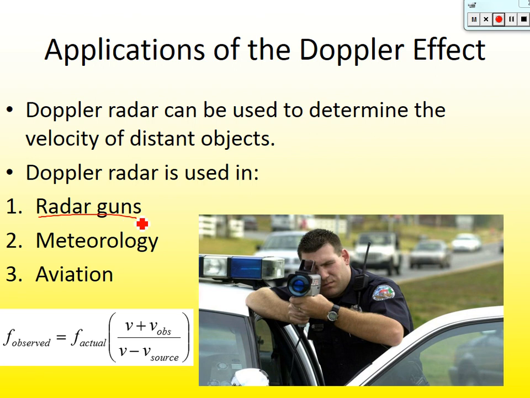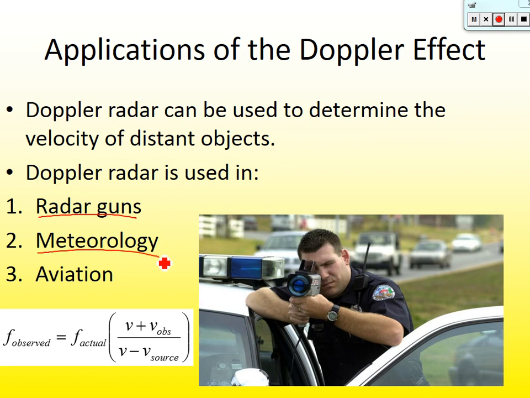Here a policeman has his radar gun, and he can shoot these high-speed waves at a car. When the waves are reflected back at different frequencies, the radar gun uses the Doppler effect equation and tells you the velocity the car is moving. Very useful.